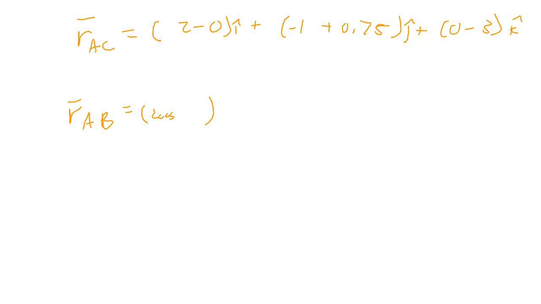Got 2 cosine of 40 minus 0, that's the I hat, plus 2 sine 40 minus plus 0.75, close parenthesis, J, plus, finally, what do I have here? It's like 0 minus 3.